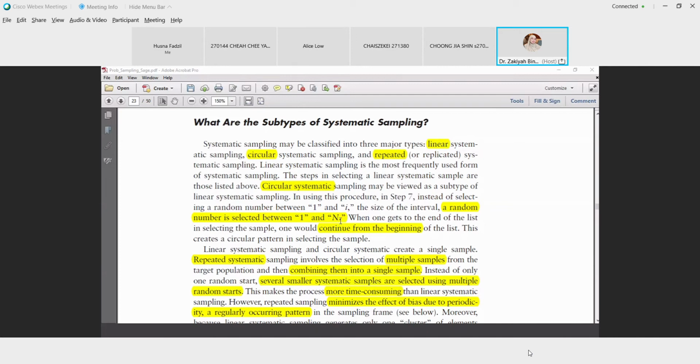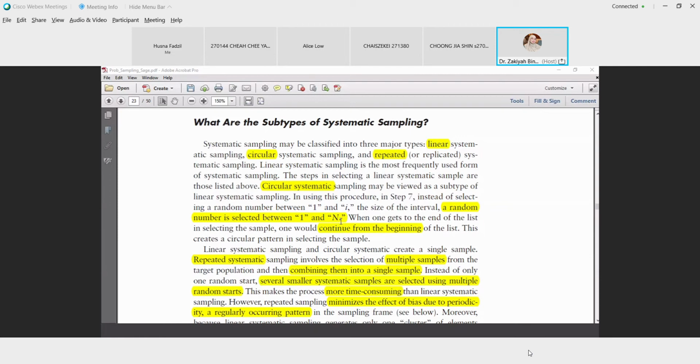Let's say for circular, I select suddenly number 50. That's like in the middle already, compared to just now, say number 8. So 50, and then plus 10, 60, and of course you will reach 1,000. When you reach the end and you still have not achieved 100, which is your sample size, then you continue, circle.